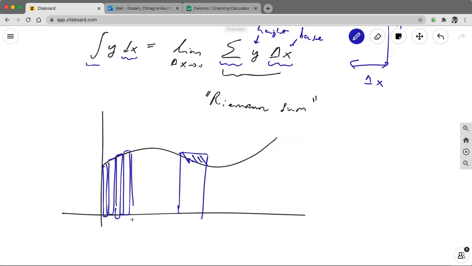And the idea of the integral is if you let the width of these rectangles go to 0, then your error also goes to 0. Sometimes the error is denoted by epsilon. Okay, so the statement is that when the thickness of the rectangles goes to 0, your error also goes to 0. So this is the definition of the integral.